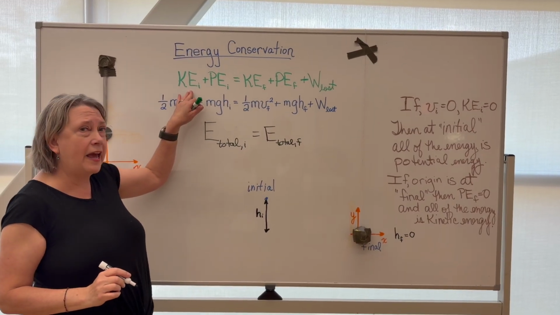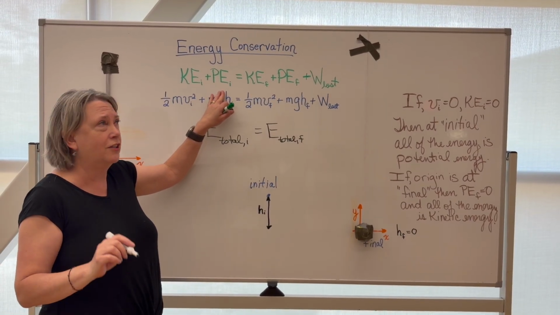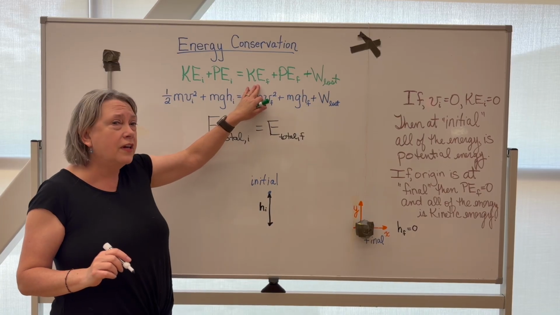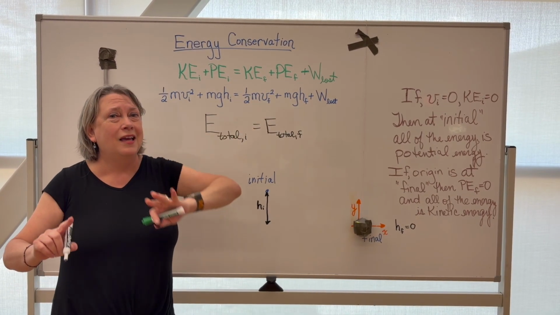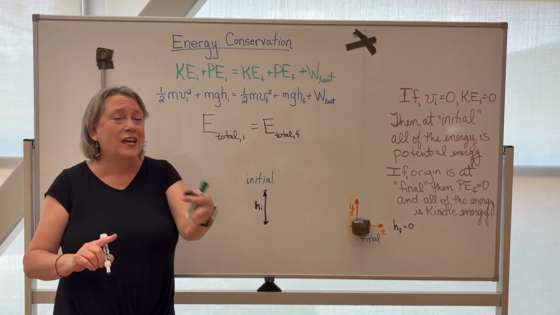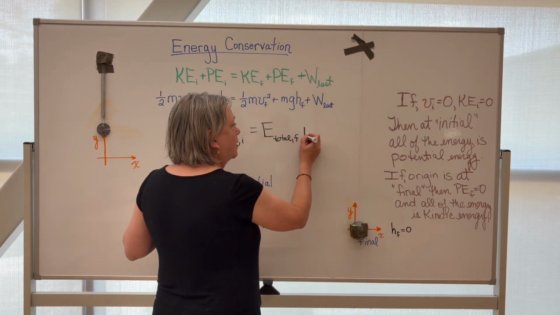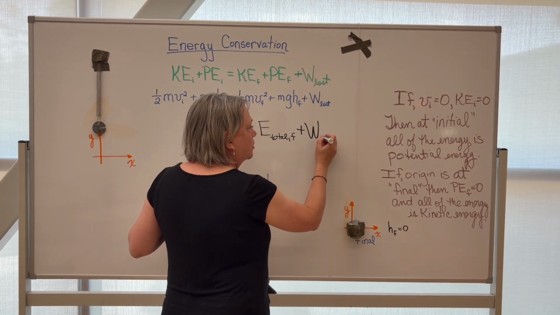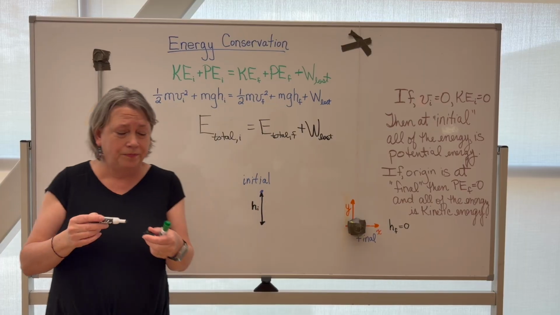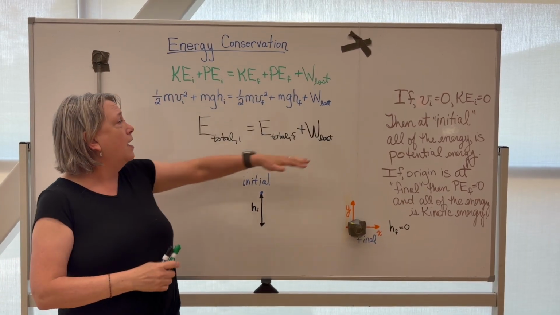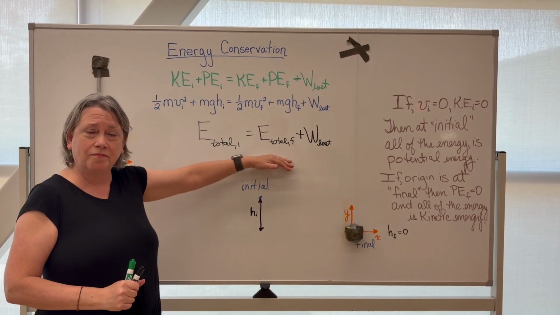So all of the kinetic plus all of the potential initial has to equal all of the kinetic plus all of the potential final, provided energy is conserved. If it's not conserved, then what I can just do is tack on there how much work was lost. And this still should be an equation that's valid.